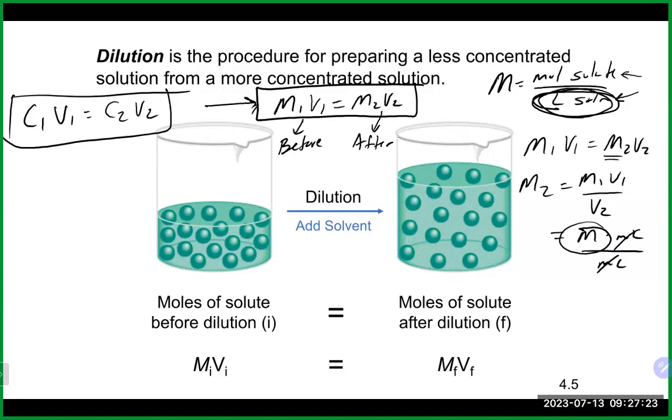But most of the time, your concentration units are going to be probably in molarity, and that M1 V1 equals M2 V2. I would highly caution you, as we'll talk about shortly, you should not use this equation in every situation where you have molarity and volume, and you should probably not use it when you're doing stoichiometry involving solutions.